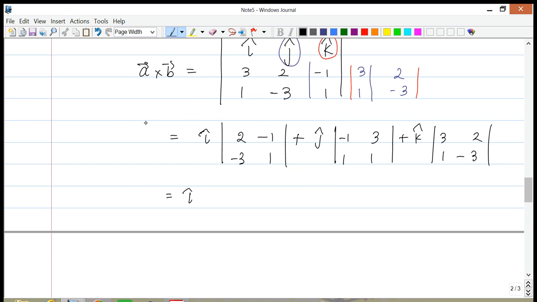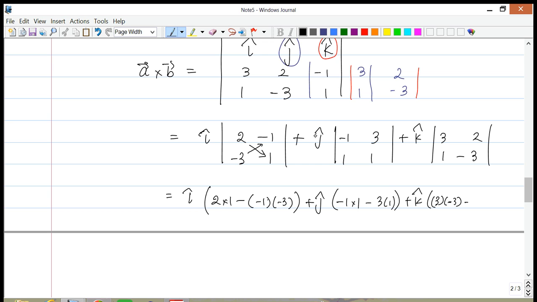So now it's very simple. To find the determinant of this, you just do cross multiplication. So it is 2 times 1 minus 1 times minus 3, plus j times minus 1 times 1 minus 3 times 1, plus k times 3 times minus 3 minus 2 times 1.